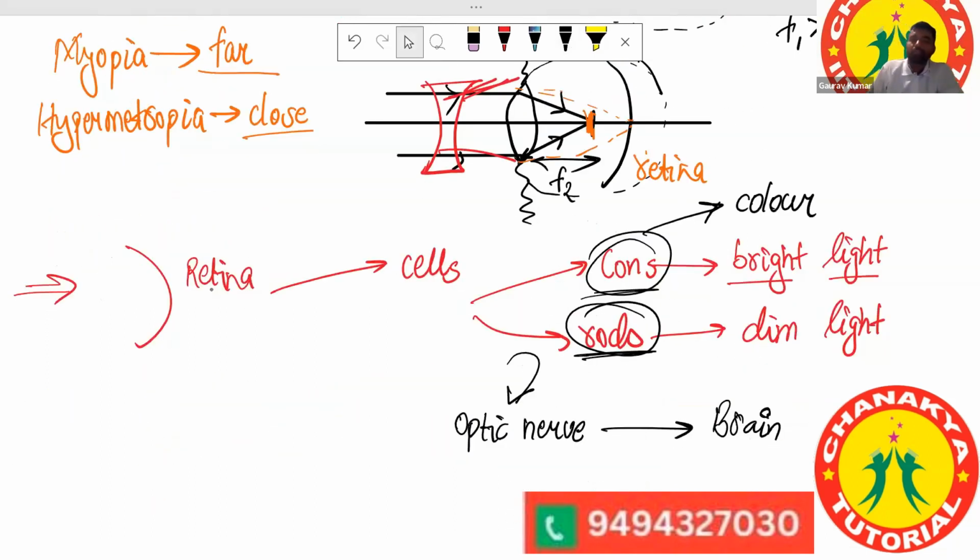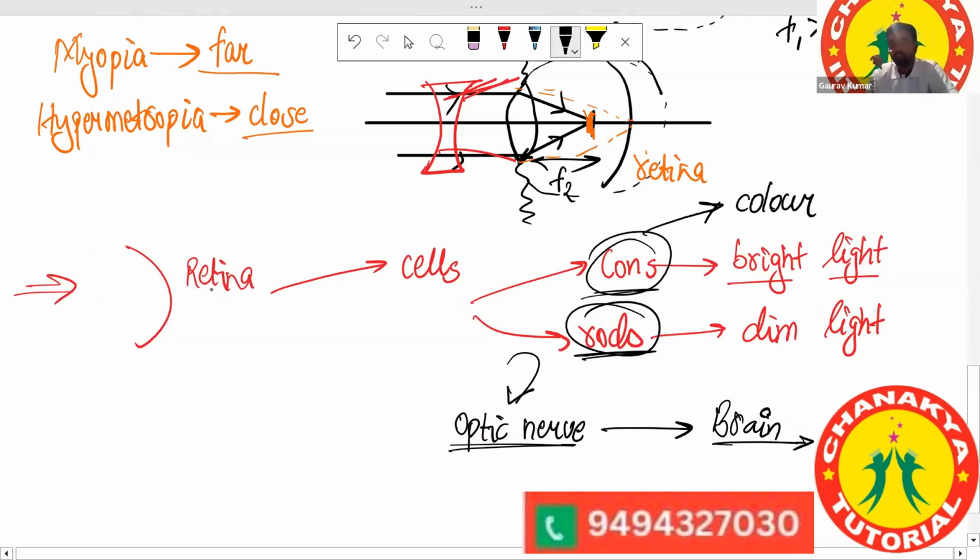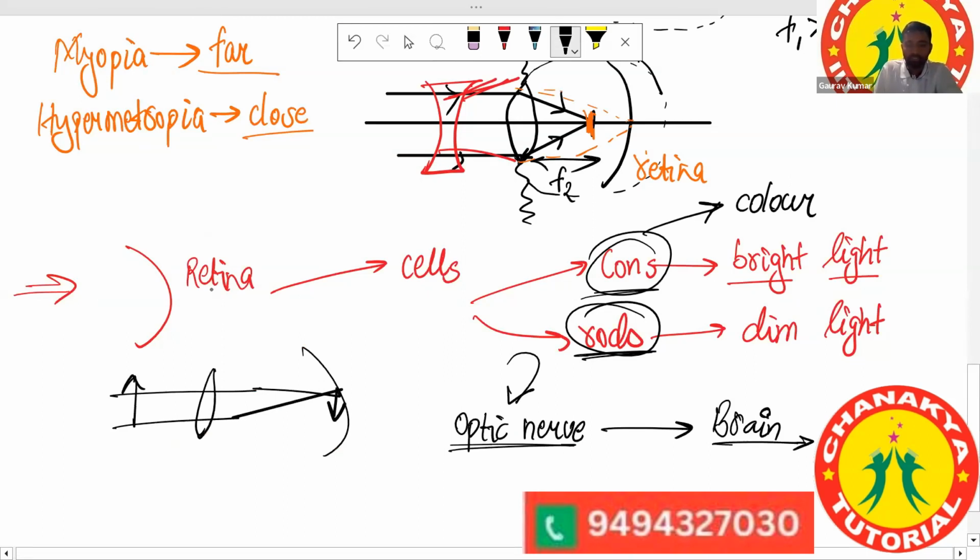Fine, we have reached this point: the optic nerve sends this signal to the brain, and the brain will distinguish what kind of image it is. Okay, let me tell you right now. This is a little bit confusing, but it's okay. The lens forms the image in the opposite direction: if the object is like this, the image is formed like this.